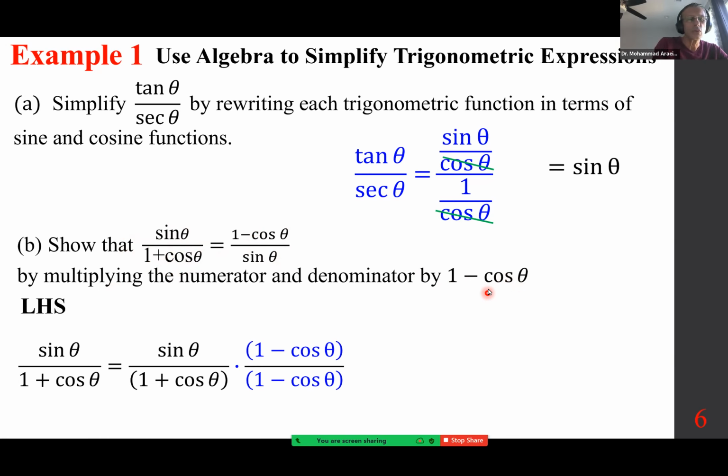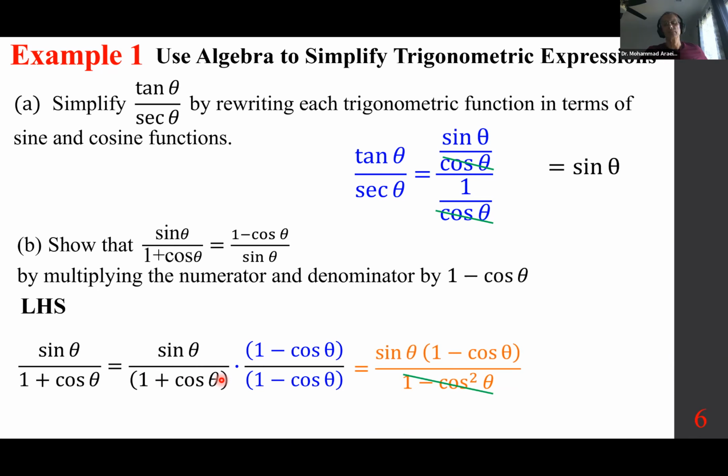So what happens as far as the denominator is concerned, you get 1 minus cosine squared. 1 minus cosine squared is the same as sine squared.